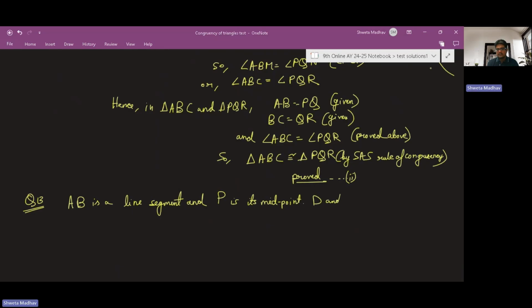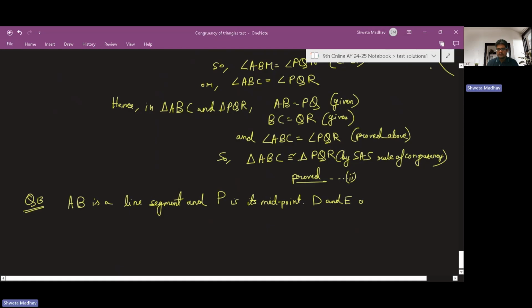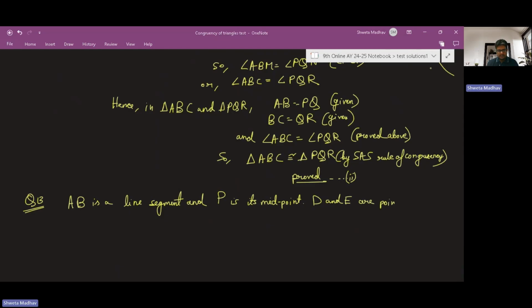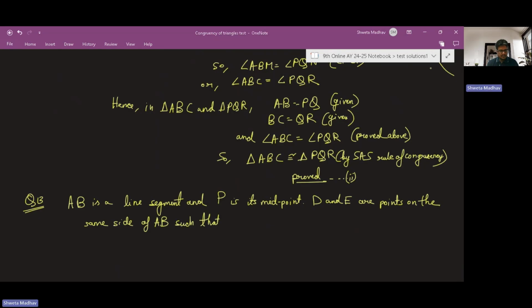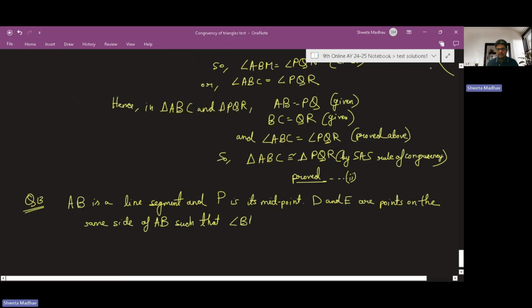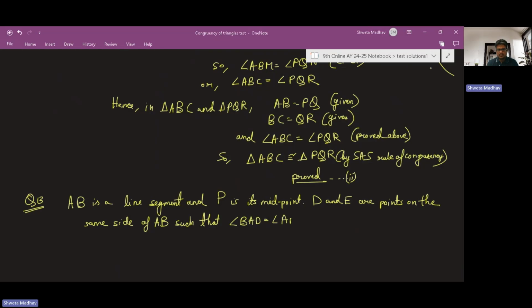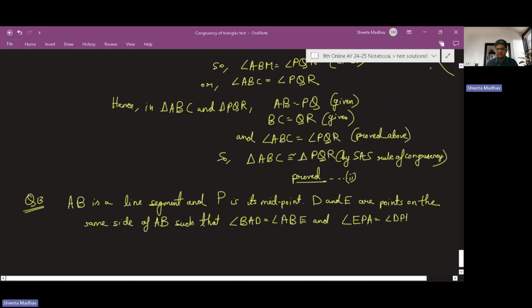D and E are points on the same side of AB such that angle BAD is equal to angle ABE, and angle EPA is equal to angle DPB.